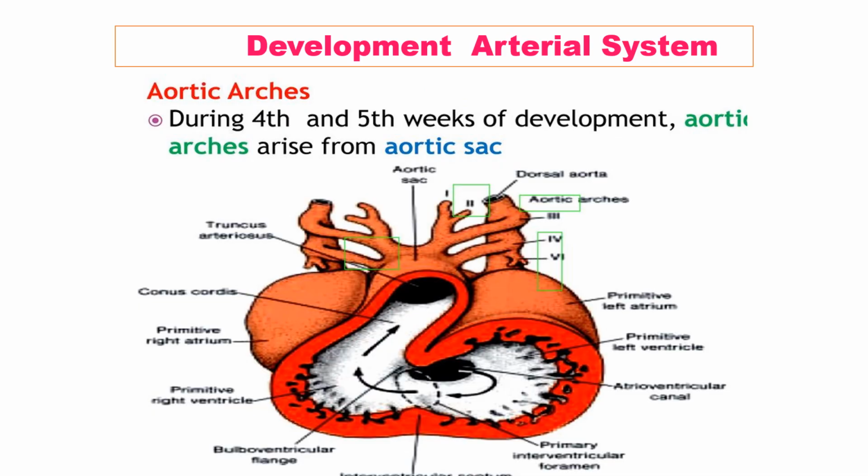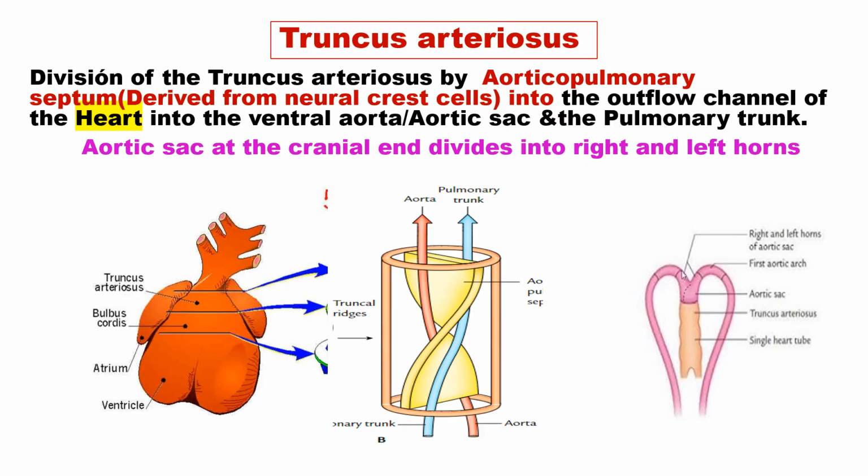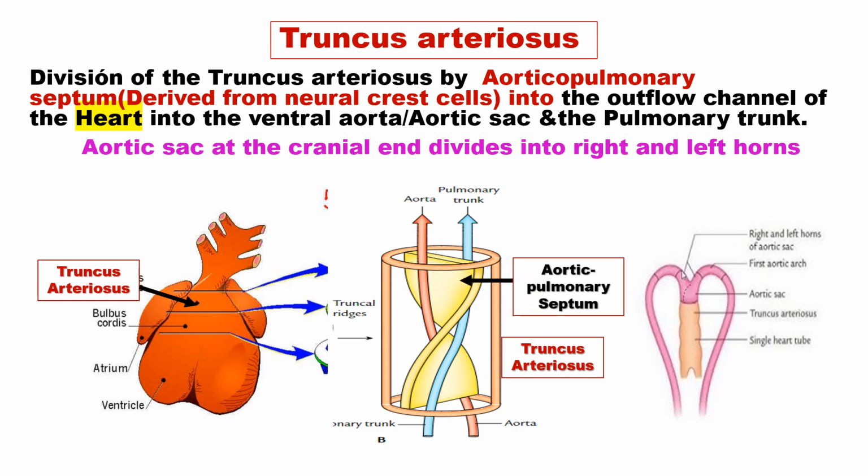Development of the arterial system starts with the development of the aortic arch arteries, which occurs around the 4th to 8th week of development. These aortic arch arteries start from the aortic sac. The aortic sac is the cranial end of the truncus arteriosus. The truncus arteriosus, the cranial end of the heart tube, is divided by the aorticopulmonary septum, which is derived from neural crest cells.